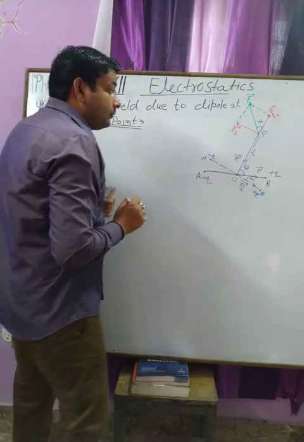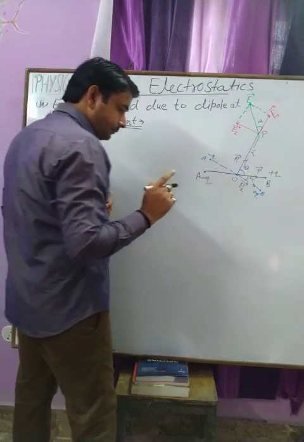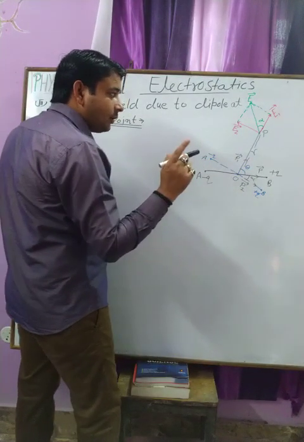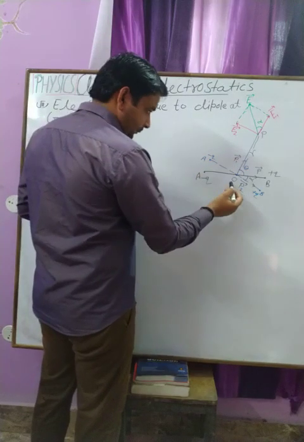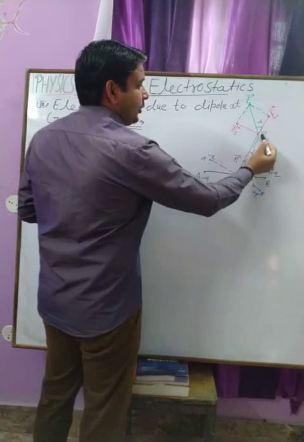Now by using the vector resolution, we are making the rectangular components of the electric field produced by this dipole at point P.